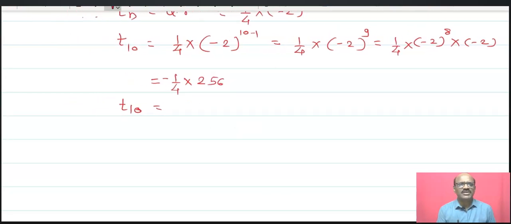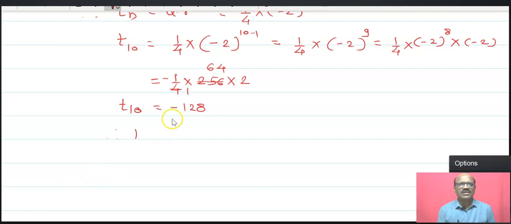Minus 2 raised to 8 is 256. Let me stop there and make the correction: you will get T10 equal to minus 128.